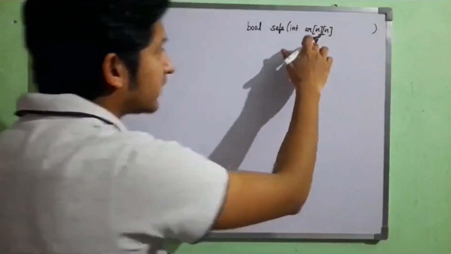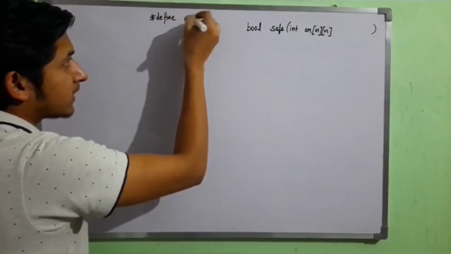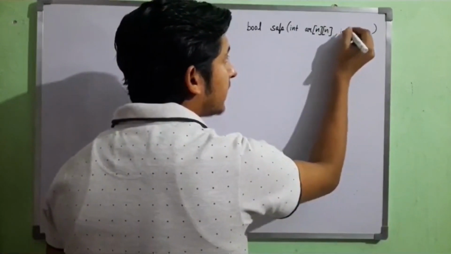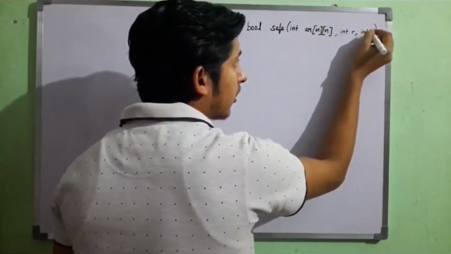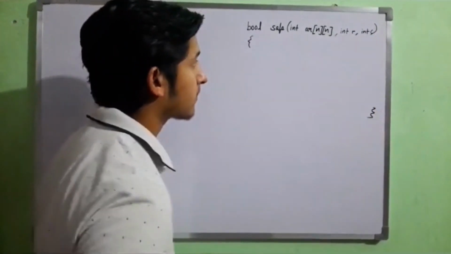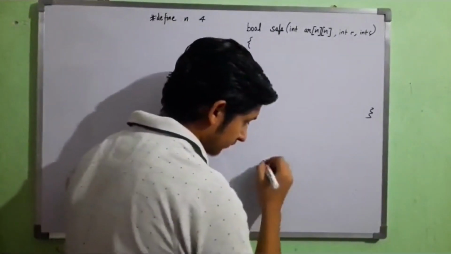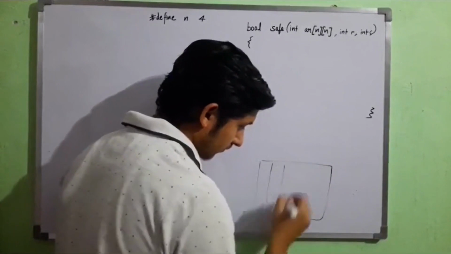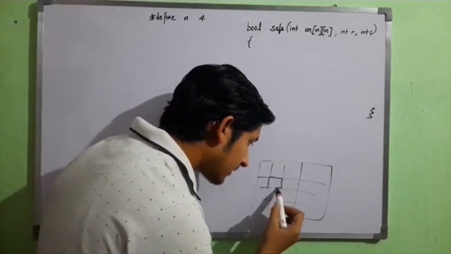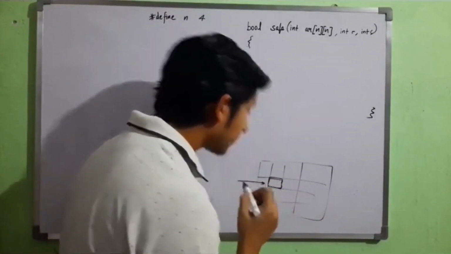I'll define this n as 4 for this problem. Okay, so int array, int row, int column. So what this function will do, it will check, you remember in that board, if I was checking if the place is in attack, so I'll check all left blocks.